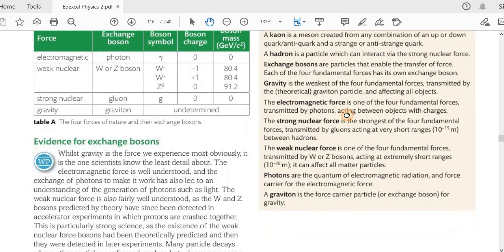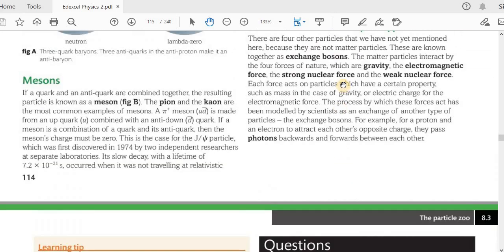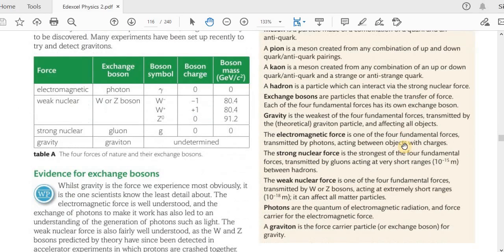So now you know that also. The 4 fundamental forces are all here: 1, 2, 3, 4. The electromagnetic force is transmitted by photons, acting between objects with charges. So they have to have charge for this force to act.